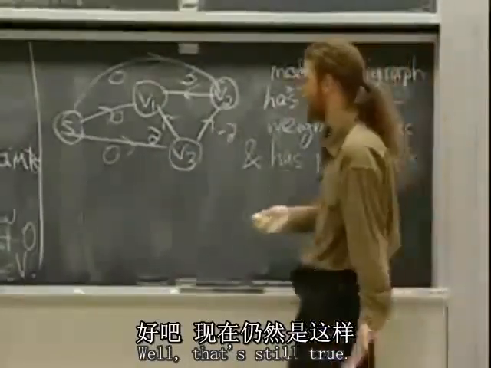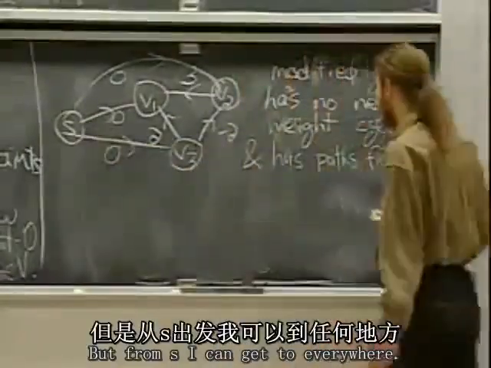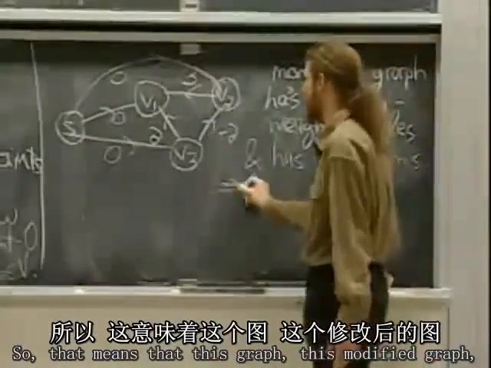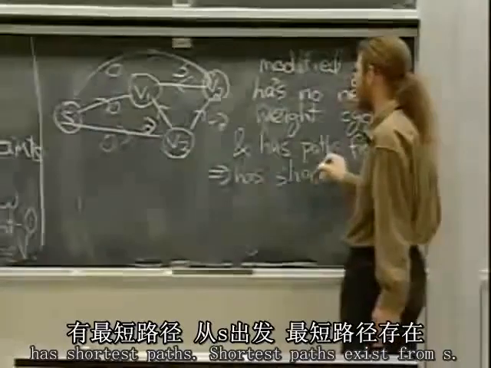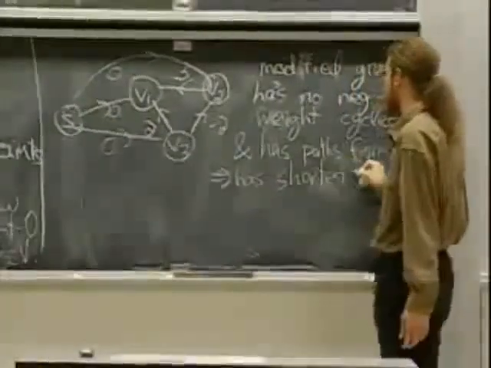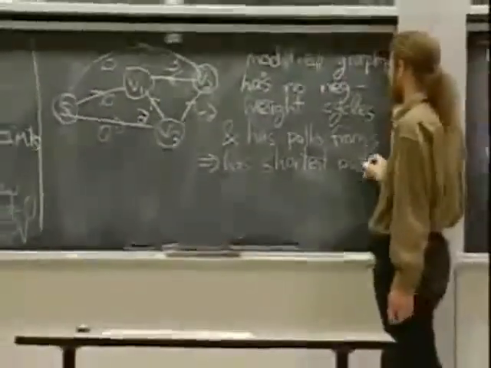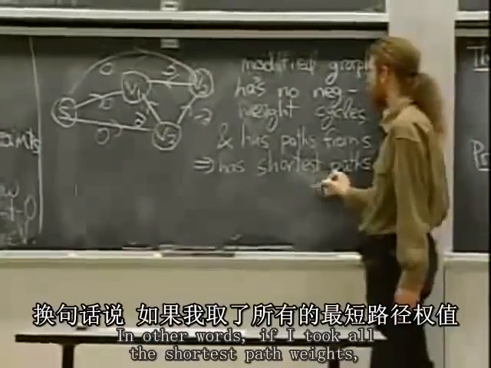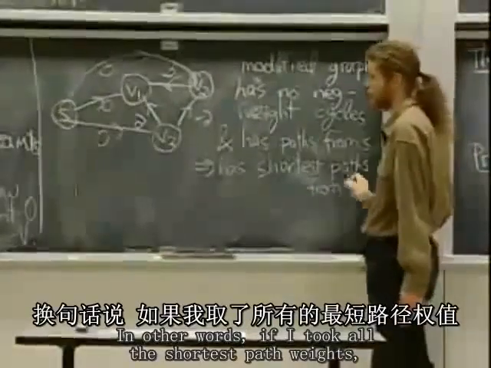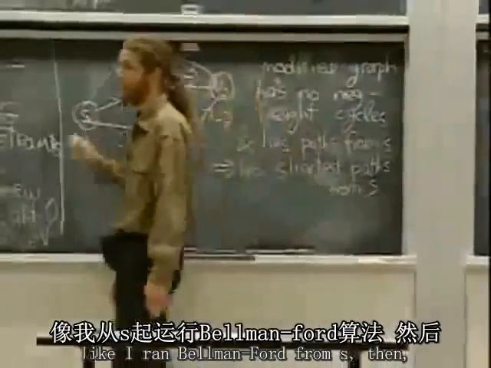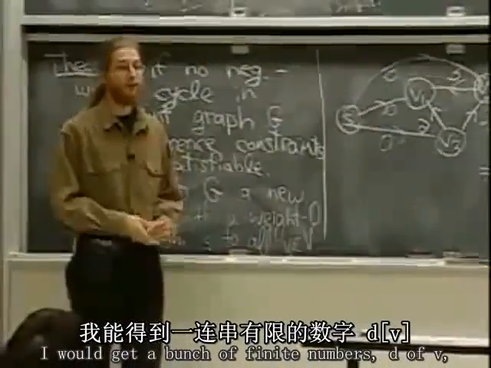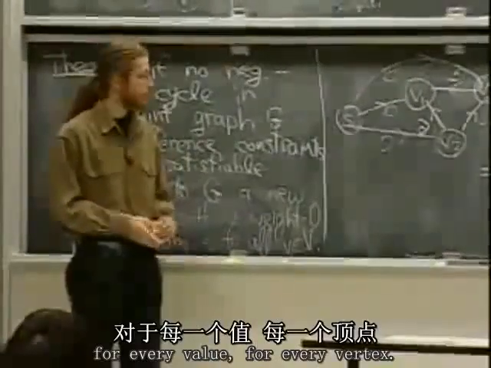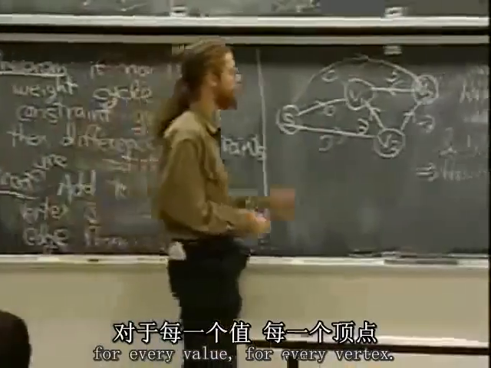That's still true. But from S I can get to everywhere. So that means that this modified graph has shortest paths. Shortest paths exist from S. In other words, if I ran Bellman-Ford from S, then I will get a bunch of finite numbers, d of v, for every vertex.